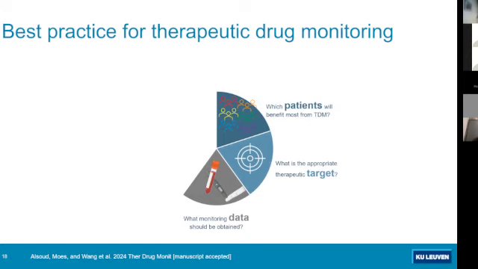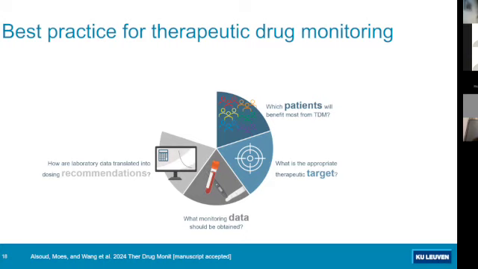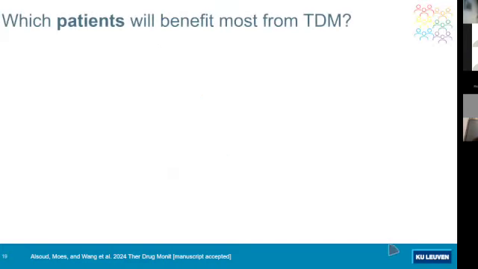I'll give you a few other considerations in a moment. Number 4, how should we translate all this information into actually actionable recommendations for the clinic? And finally, even if we would know that TDM has a benefit, how are we going to implement this in clinical care? So let's go through these points smoothly now.